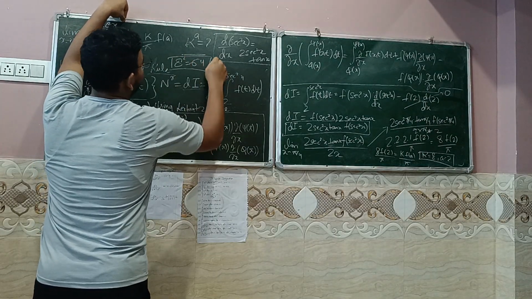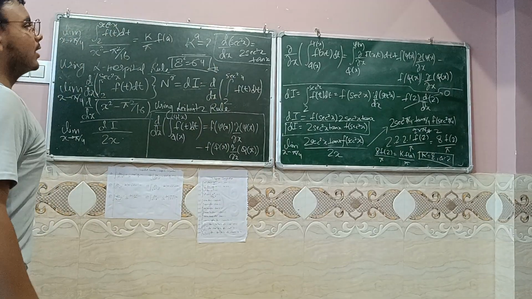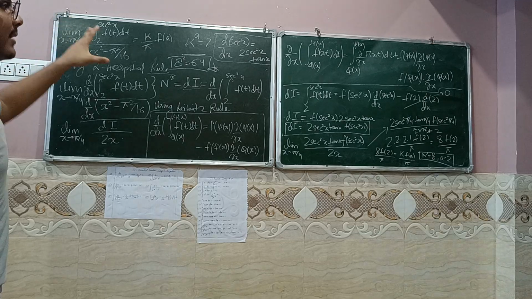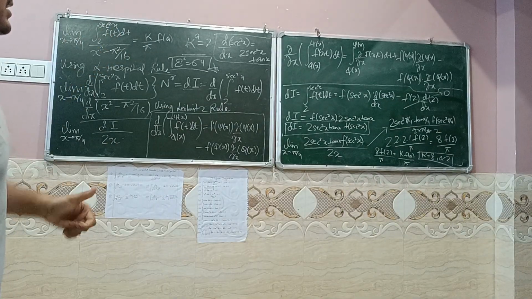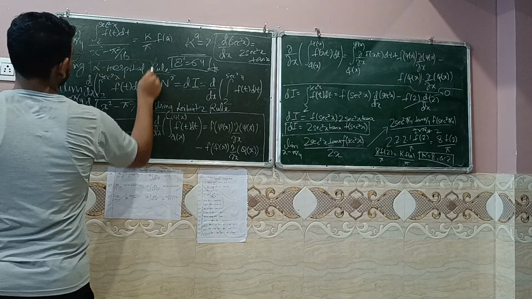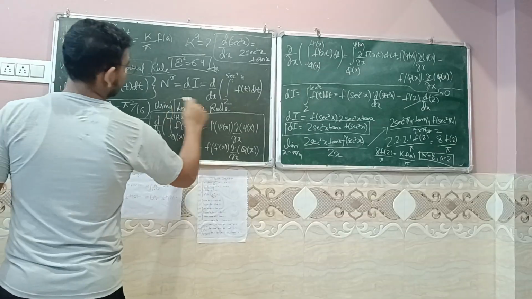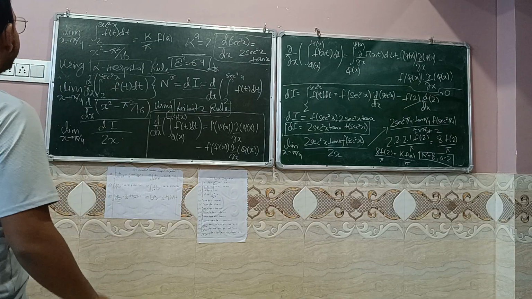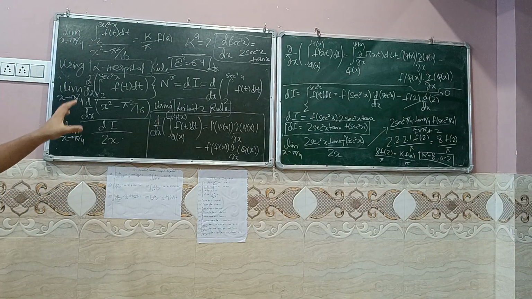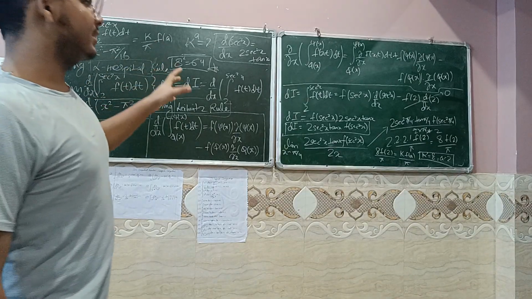So this is our final answer. I hope you understand that. That's a good question, and it consists of a lot of good mathematical things like Leibniz theorem, L'Hospital rule, and derivatives. That's not that tough, but it looked great.